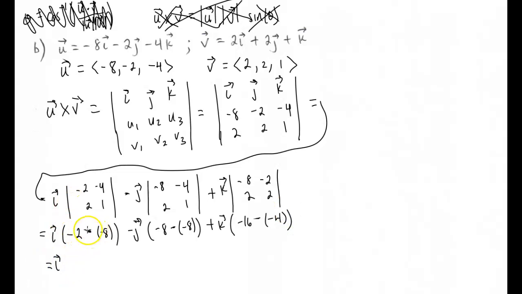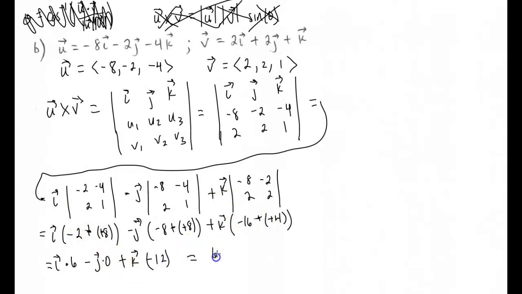So from here, plus a -8 is the same as adding 8. So -2 plus 8 is +6, minus j times, and here, -8 plus 8 is going to give me 0. And then plus k, and subtract the negative is the same as addition. -16 plus 4 is a -12.